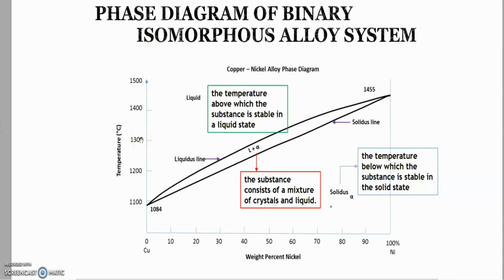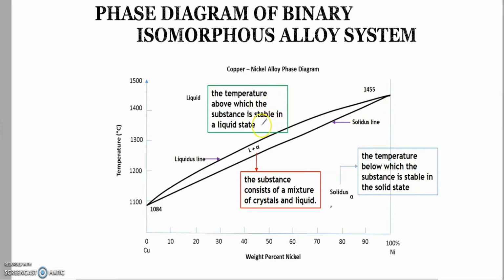Okay, temperature pada y-axis. Ni y-axis lah. While the weight percent nickel, ataupun composition of copper and nickel, on x-axis. Okay, so the pressure is assumed to be constant. Maksudnya tekanan adalah sama ataupun constant.